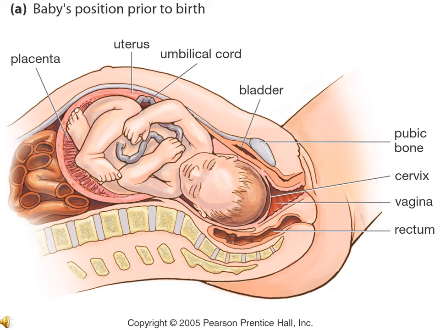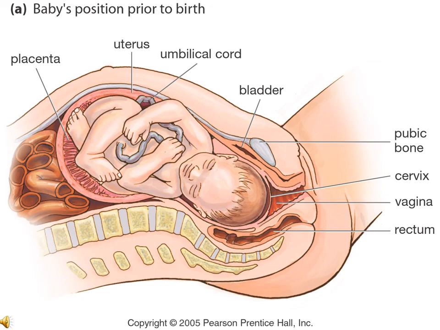The fetus has accumulated a tremendous amount of fat, and the fat was important not only to nurture the fetus, but also to provide insulation for the nerves that are continuously developing. You can see that the cervix has to expand to allow for the baby to get through.